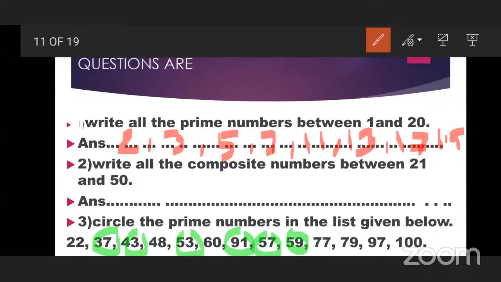Then 79 is a prime number. 97 is a prime number, and 100 is not a prime number. Okay.